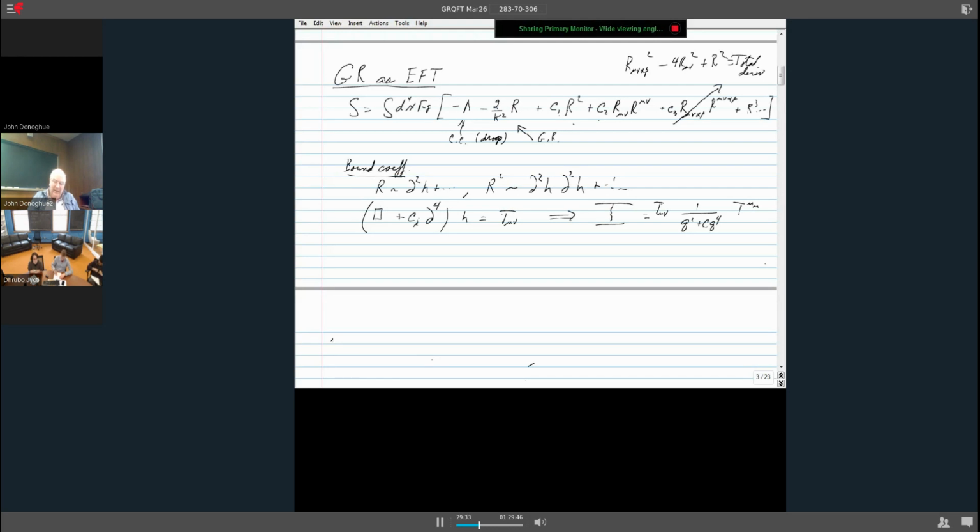This tells you then that the propagators, if I do an exchange, so like mu on one side, mu on the other, and with some tensor structure, 1 over q squared plus c q to the fourth. So when would you see this?